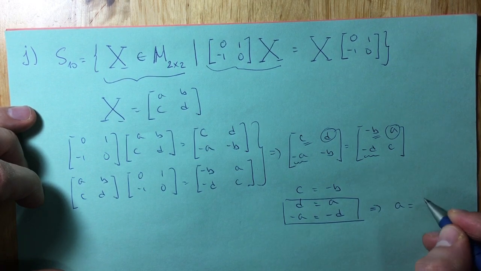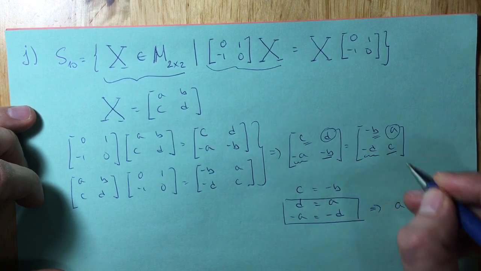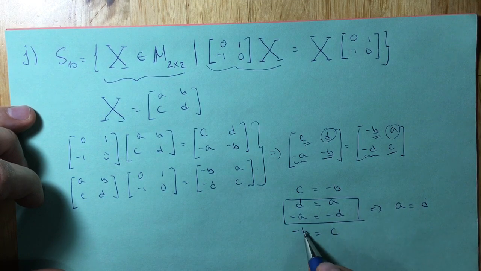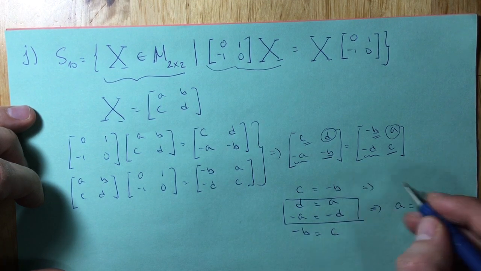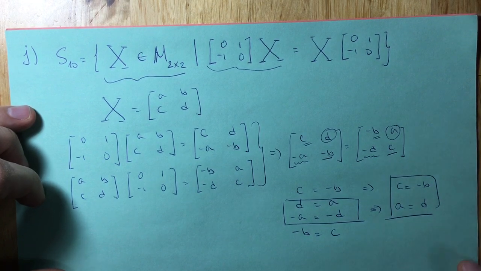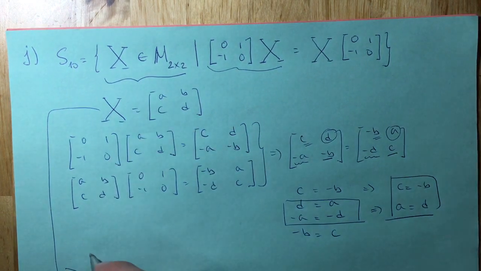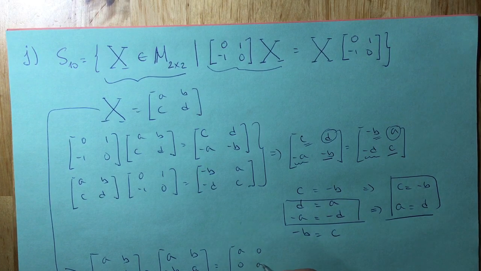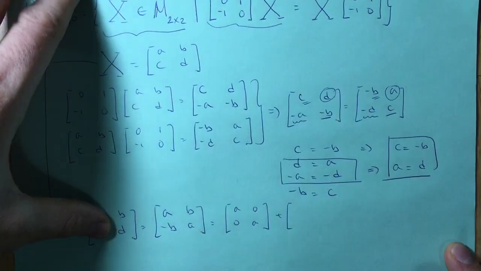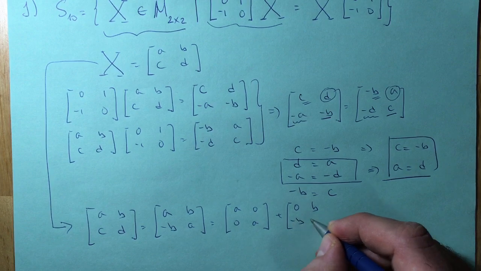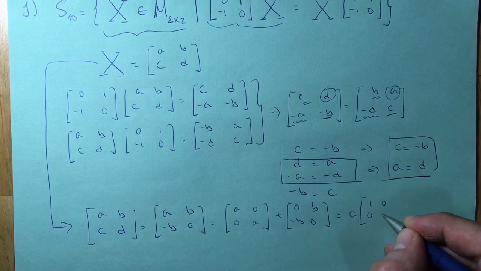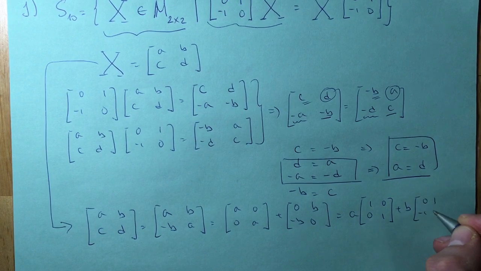So simply A is equal to D, and the last one, negative B is equal to C. Negative B is equal to C is literally the same condition as C is equal to negative B. So basically we are talking about the 2 by 2 matrix A, B, C, D for which this is satisfied, which is equal to A, B, C is negative B, and D is A. And this can be written as A, 0, 0, A, plus 0, B, negative B, 0, which is equal to A times 1, 0, 0, 1, plus B times 0, 1, negative 1, 0.